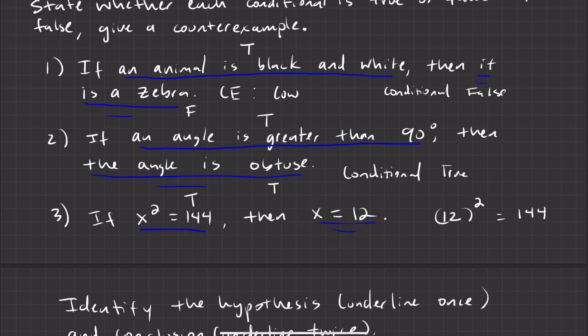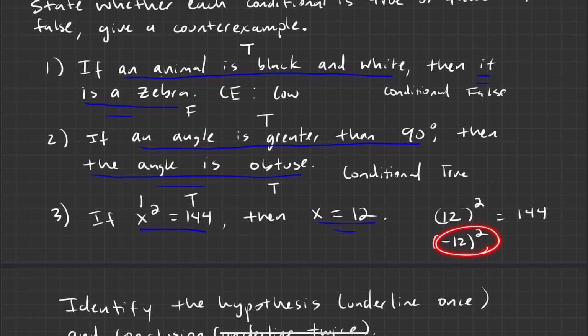No. Because if you recall from Algebra 1, y'all, you can let x be negative 12. And remember, when you're replacing that x, you've got to use the parentheses. So negative 12, the quantity squared. What is negative 12, the quantity squared? Well, 12 squared is the same thing as 12 times 12.